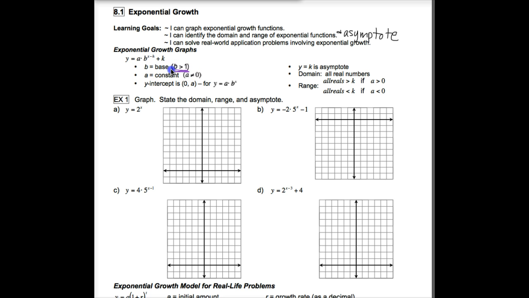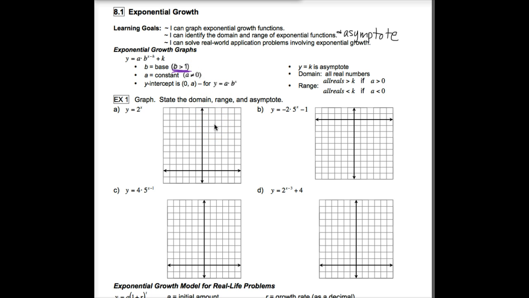So base has to be greater than 1 on exponential growth. A, your constant value, it can't be 0. The reason being is if it were 0, 0 multiplied times anything is 0. That would drop out the exponential part and it would just become a horizontal line. So A can't be 0.